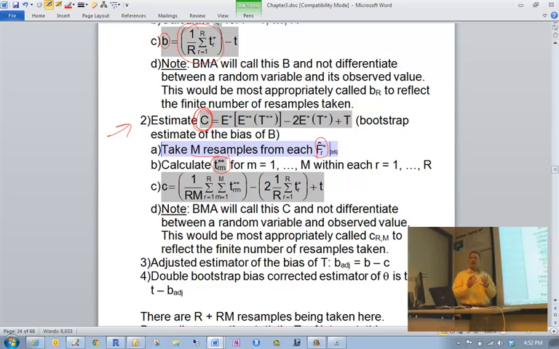So this helps designate which resample this T star star is coming from. Then what is C? Well, notice what we are doing here with these expected values.